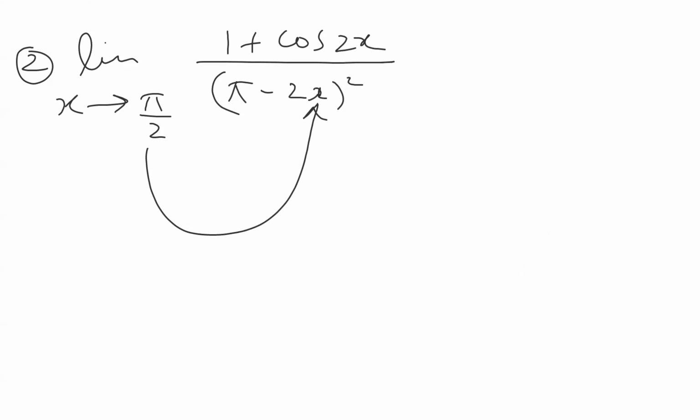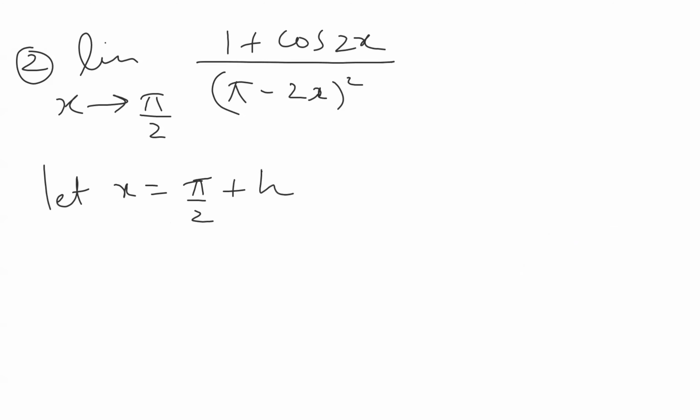So let's apply changing limits. Let x is equal to pi by 2, whatever the value is there, plus h. Let it be some value more than pi by 2. So that value is h, which is slightly more than pi by 2.